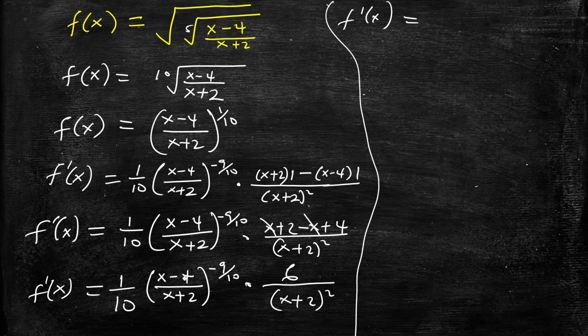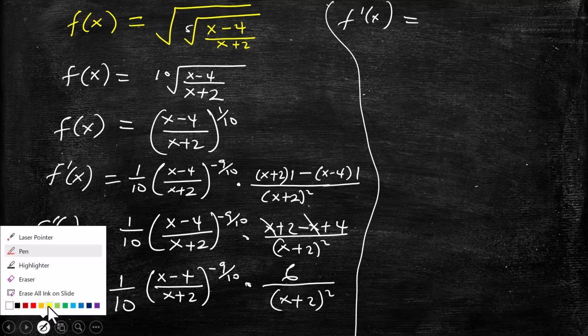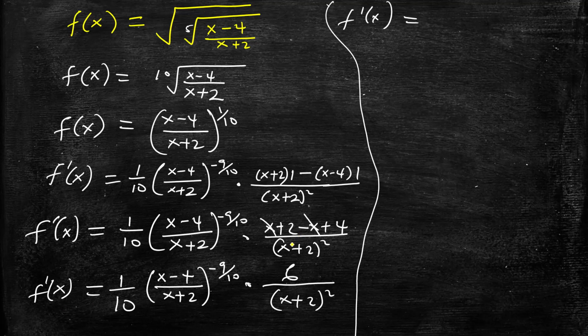Okay, so let's reduce this. 2 here, 3; 2 here, 5. So we can say 3 over 5 x plus 2 all squared times x plus 2 on x minus 4, and this side we change to positive 9 on 10.